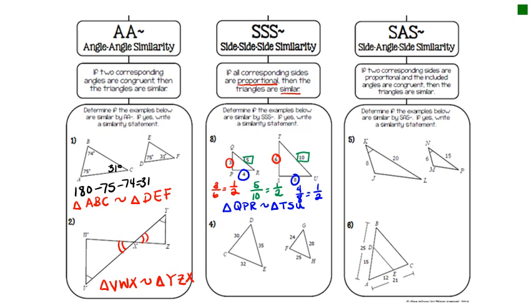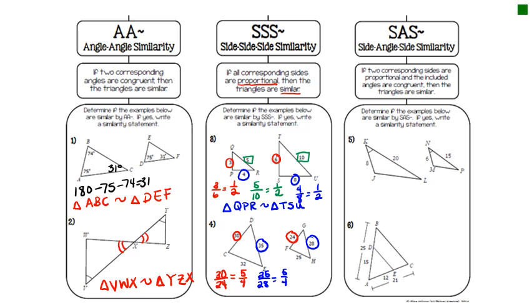All right, so let's look at number 4. Again, we have to look at corresponding sides. The shortest side here is 30. The shortest side here is 24. 30 over 24 reduces to 5/4. And then the longest side, 35, longest side, 28. 35 over 28, let's see, divide them both by 7, yep, 5/4.